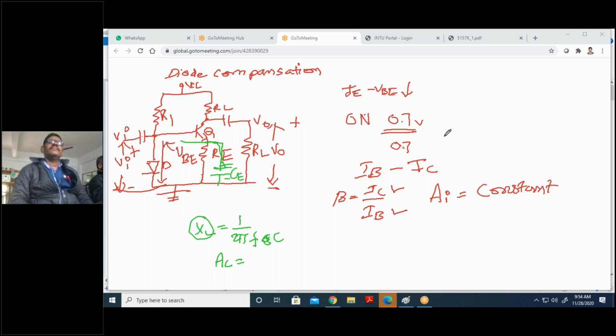Without the bypass capacitor, the output voltage will decrease, meaning the voltage gain will decrease. With the bypass capacitor, the output voltage increases because the drop across RE is 0. This is the diode compensation circuit.